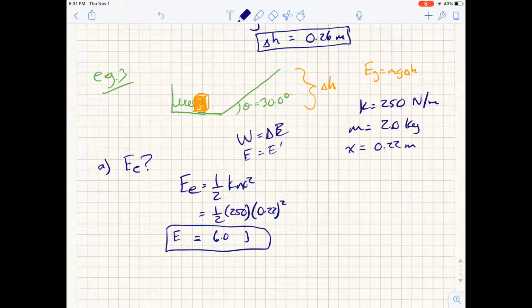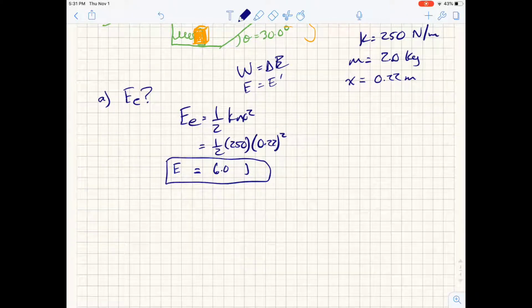All right, well, what can we do with this then? We can calculate the speed of the block as it travels along the horizontal surface. We can talk about how far up the ramp the block will travel before it comes to a stop. Let's do that.